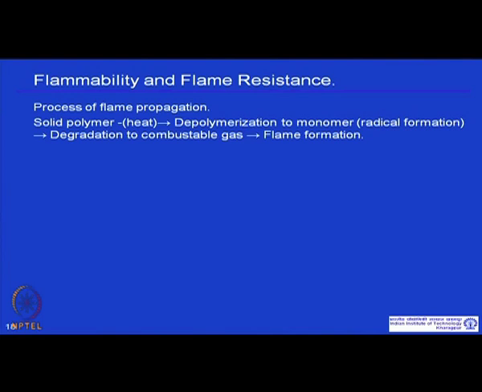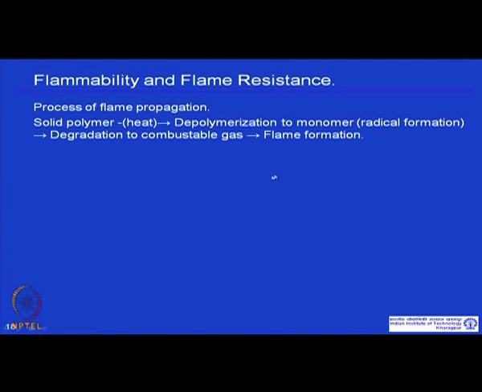Basically, when you put fire on a polymeric material, it depolymerizes to monomer and degrades to combustible gas, and in the presence of heat it forms flame and burns. So, that is the origin of flammability of polymer material.